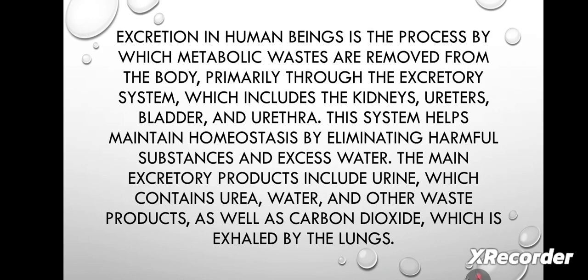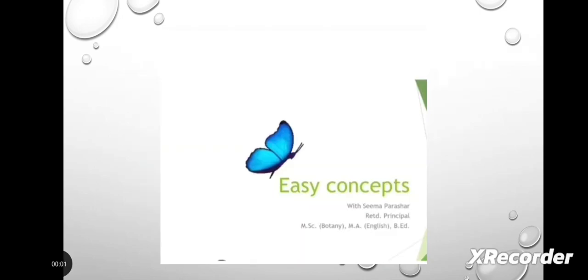And animals or human beings, excretion in human beings is the process by which metabolic wastes are removed from the body, primarily through the excretory system, which includes the kidneys, ureters, bladder, and urethra. This system helps maintain homeostasis by eliminating harmful substances and excess water. The main excretory products include urine, which contains urea, water, and other waste products, as well as carbon dioxide, which is exhaled by the lungs. So, this is all about excretion. Excretion in human beings and excretion in plants.